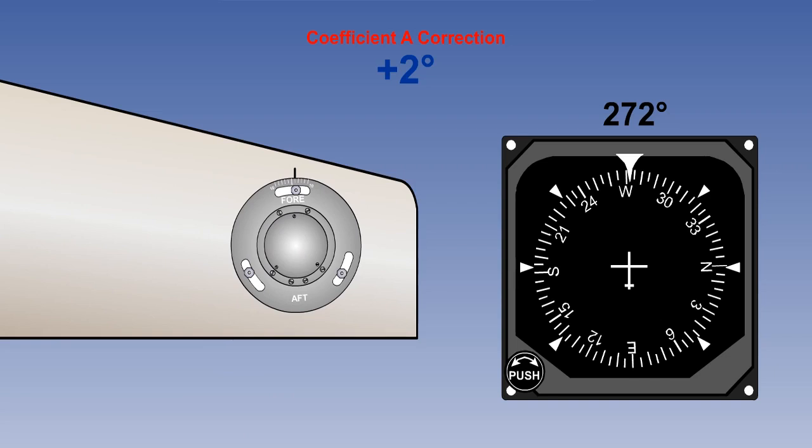Let's say the error is plus 2 degrees. Error due to coefficients B and C are removed or minimized by creating local magnetic fields with additional magnets which are equal and opposite to the aircraft's magnetic field.